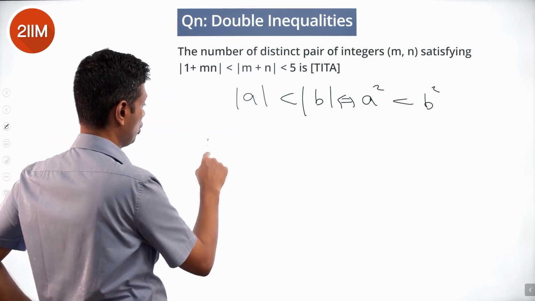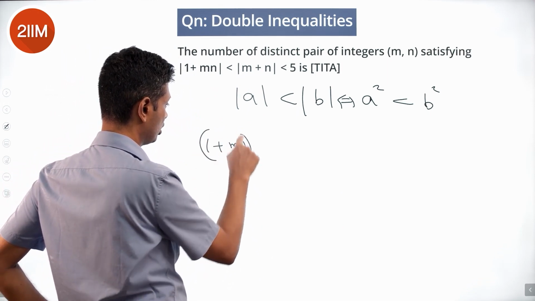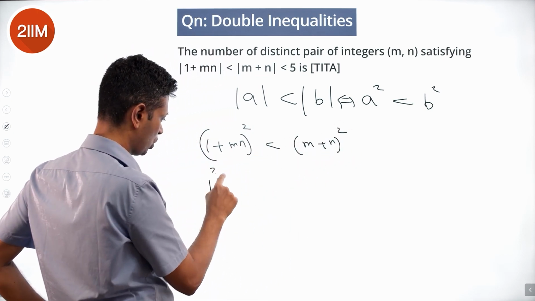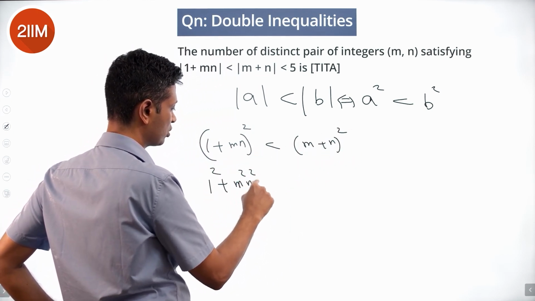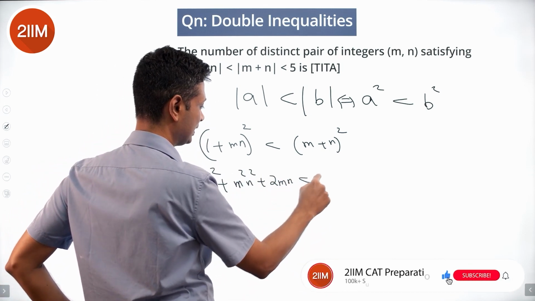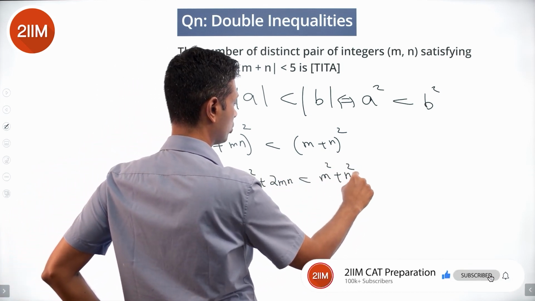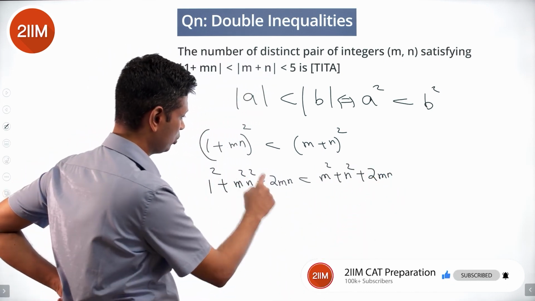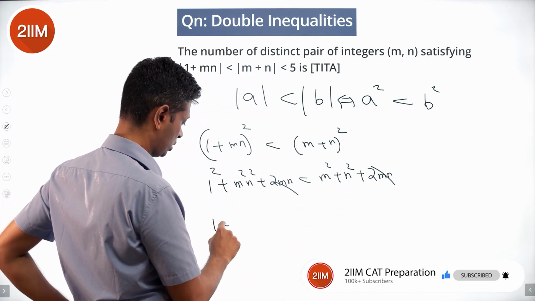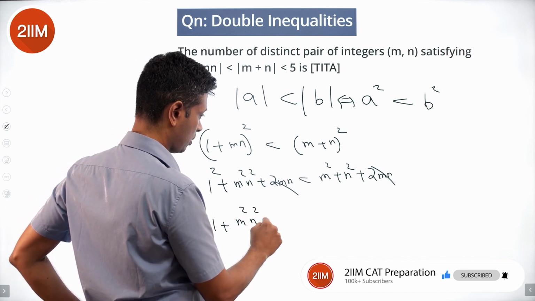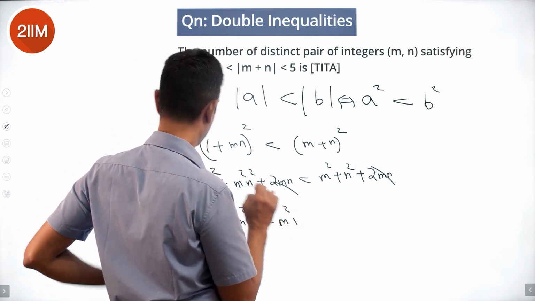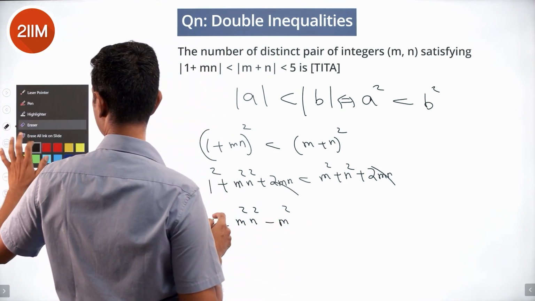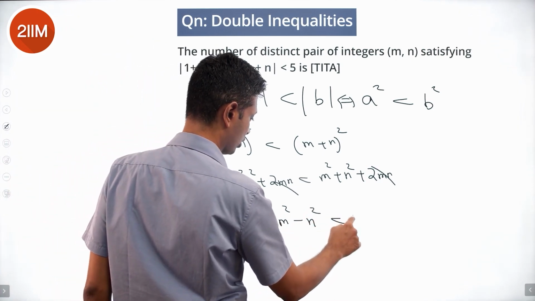That means we can say 1 plus mn the whole square is less than m plus n the whole square. Or 1 square plus m square n square plus 2mn is less than m square plus n square plus 2mn. Nice, so far so good. This 2mn gets knocked off on both sides. 1 plus m square n square minus m square minus n square is less than 0.